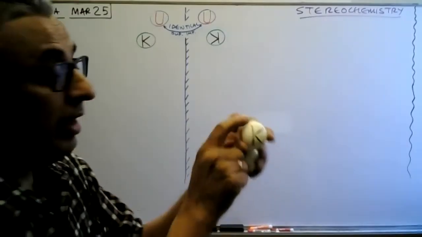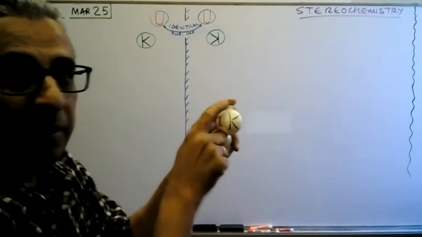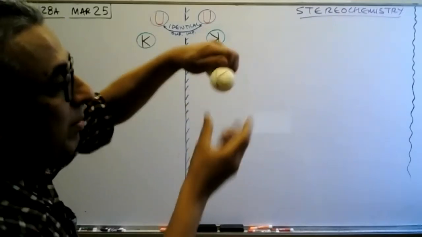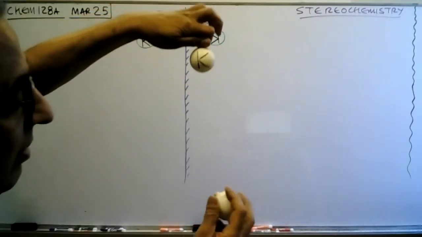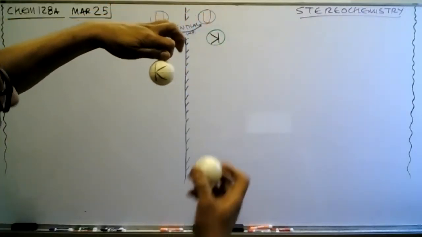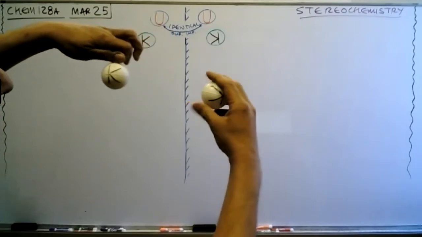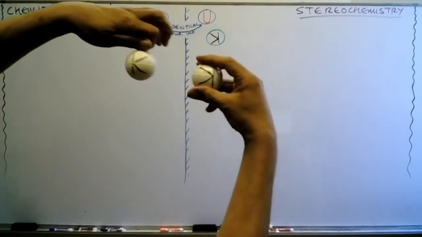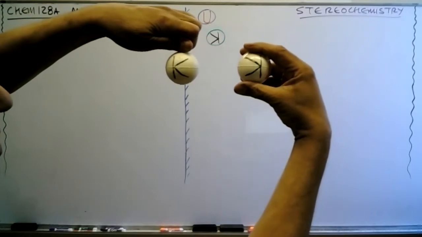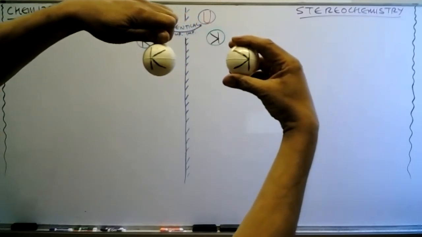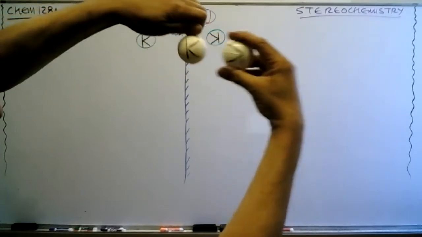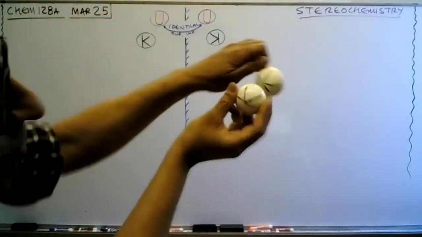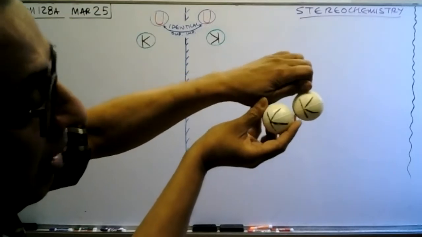Ignore this stem because that screws up everything. That breaks the symmetry. Imagine it's not there. Okay, so that's the K, right? And that's my other K. So mirror image. They are not superimposable if I put them this way. But what if I turn the sphere? They are superimposable.